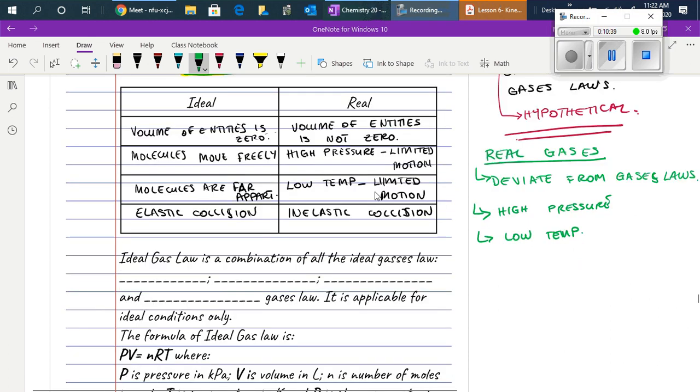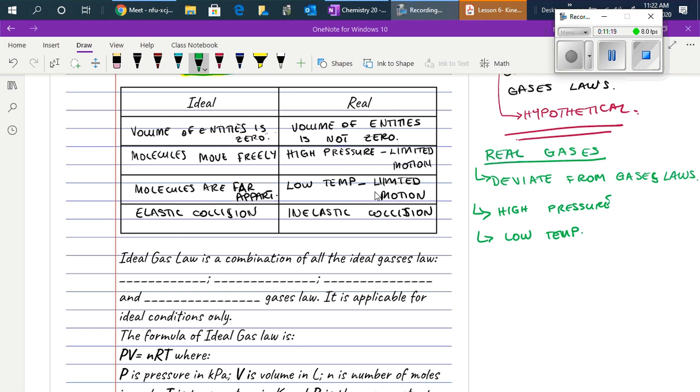So all the laws that we have mentioned in terms of gases, laws like combined, Boyle's, Charles's, and Guy-Lussac's, are all for ideal conditions. We are using those laws even for real gases, but we have to take into consideration that we are making a big assumption, considering that gases around us are behaving as ideal gases.